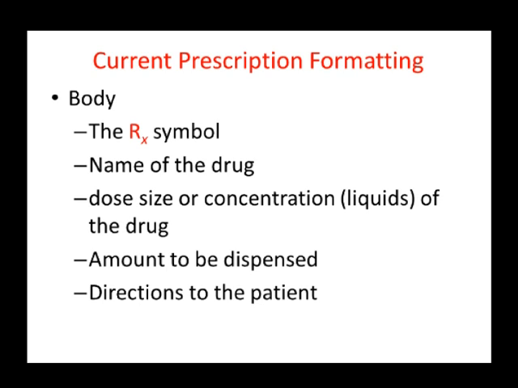Okay, so amount to be dispensed. For example, you require tablet paracetamol to be given twice daily for the next 3 days. So 6 tablets the pharmacist needs to give to the individual for the 6 times it needs to be taken by the patient. And now directions to the patient.